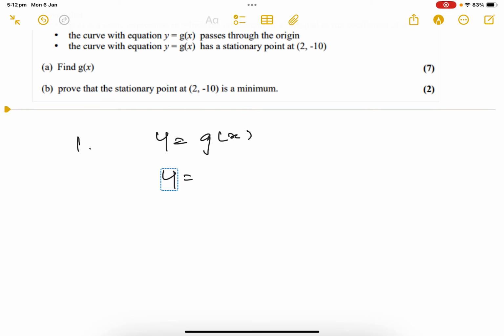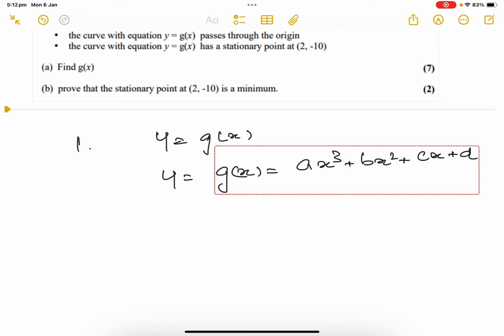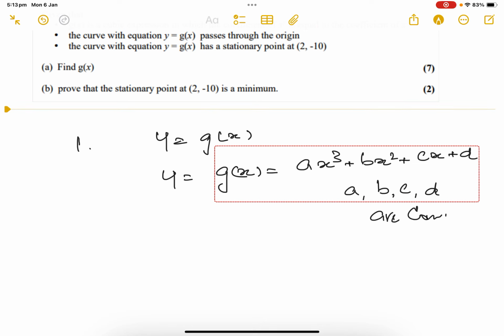A typical cubic function is ax cubed plus bx squared plus cx plus d. a, b, c, d are constants, or coefficients of x cubed, x squared, x, and x to the power 0.